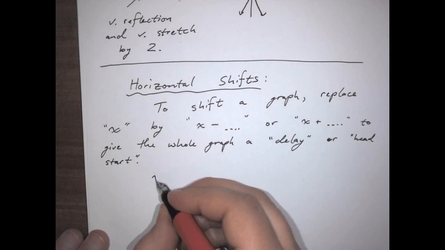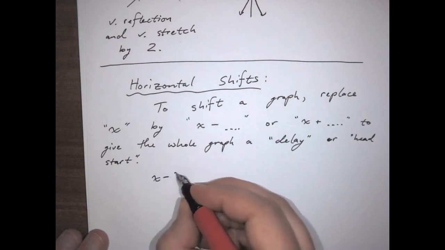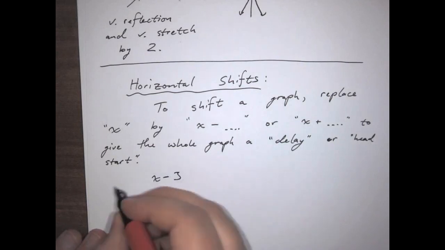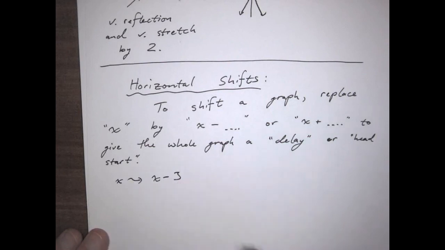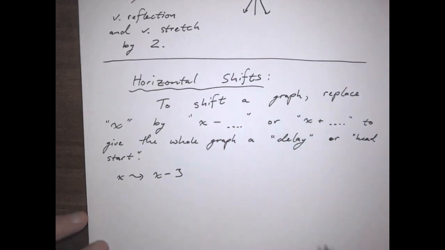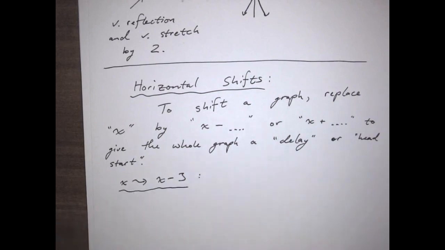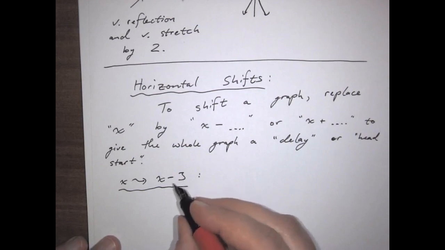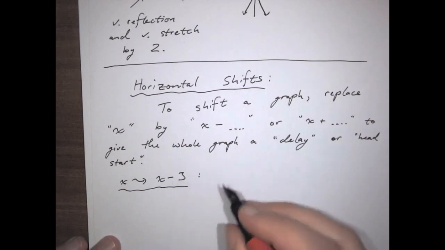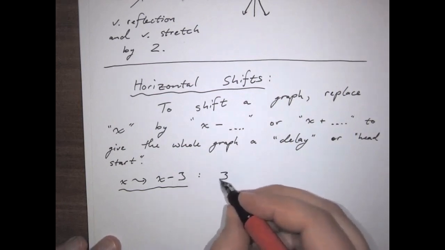So x minus 3, so if x gets changed into an x minus 3, you may, just looking at that, have suspected that this would be a shift to the left by 3 because it's subtracting, but this actually represents a 3-second delay.